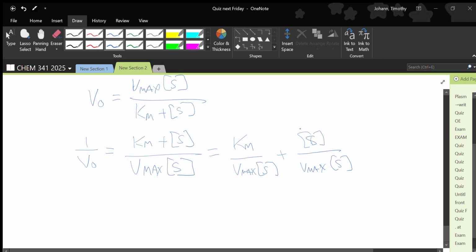All right. Now I can cancel those two, right? Okay, and I can rewrite this slightly just to make a point. I can take Km over Vmax, those are actually both constants, times 1 over substrate. That's this rewritten, yeah? Okay, and then 1 over Vmax is what I'm left with after I cancel.